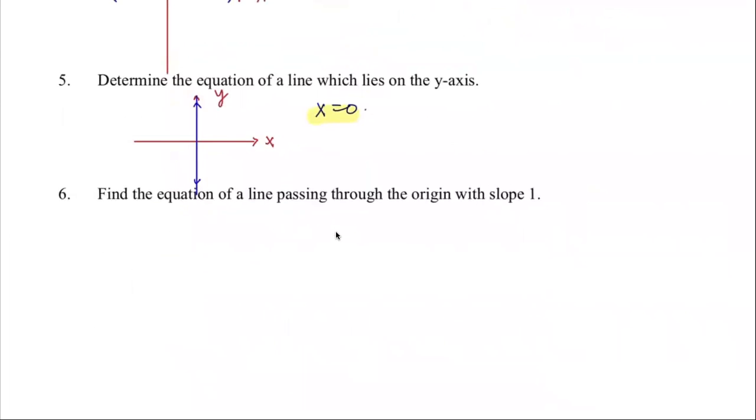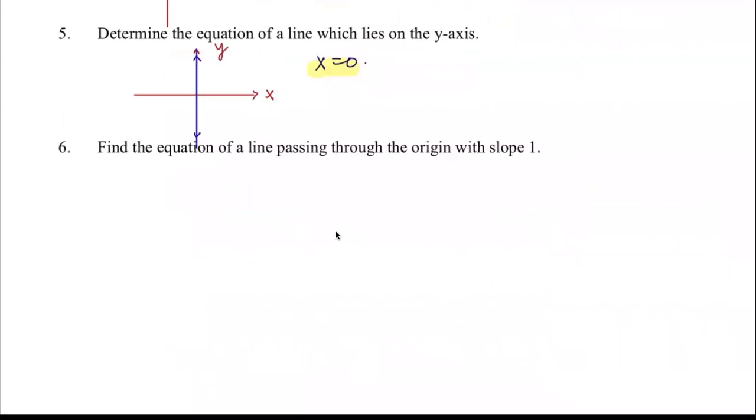Okay, find the equation of a line passing through the origin with slope 1. So this question is worth more effort. Find the equation of a line passing through the origin. This means (0, 0) is on the straight line, right?